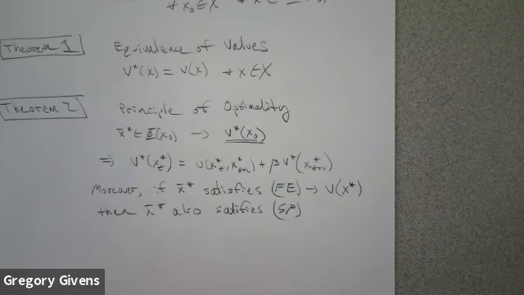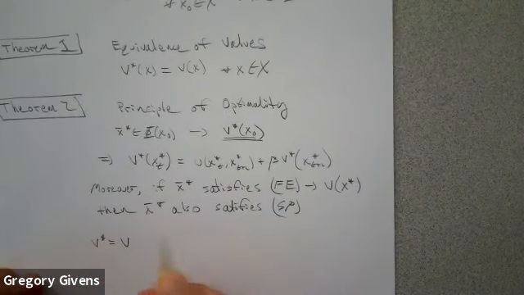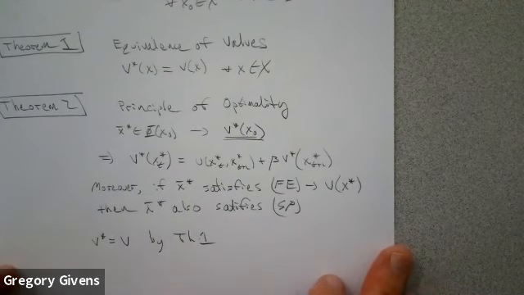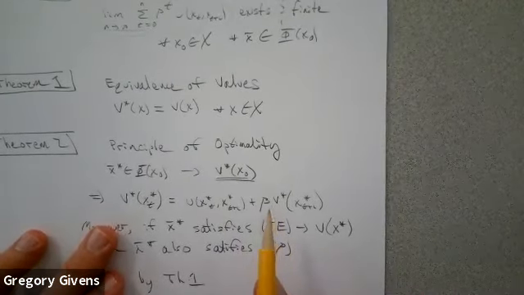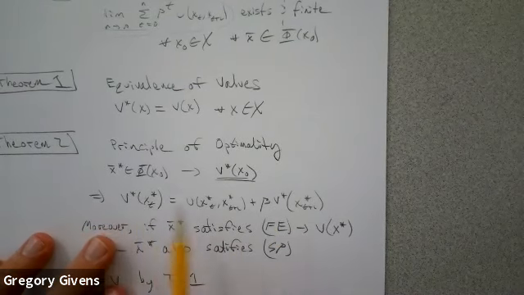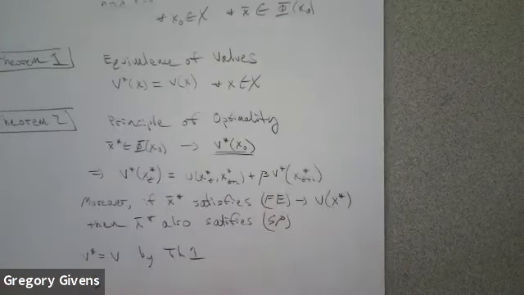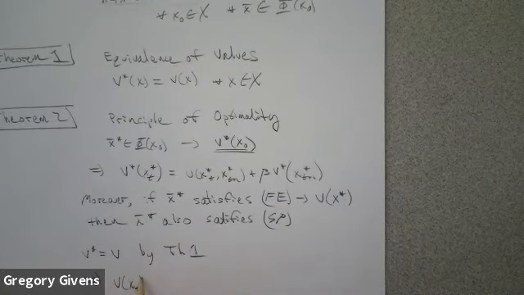Now, remember, V star is equal to V by Theorem 1, by the equivalence of values. We just showed that in Theorem 1. Then this principle of optimality, which says we can take the V star and break it into these two components, implies that V of X T star is equal to U of X T star, X T plus 1 star, plus beta V of X T plus 1 star.